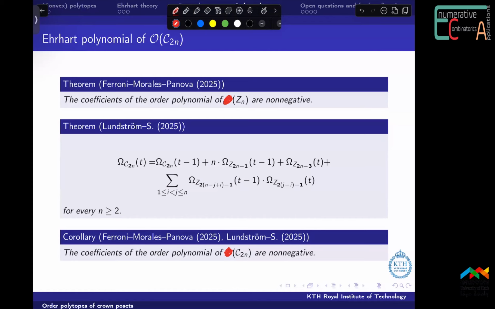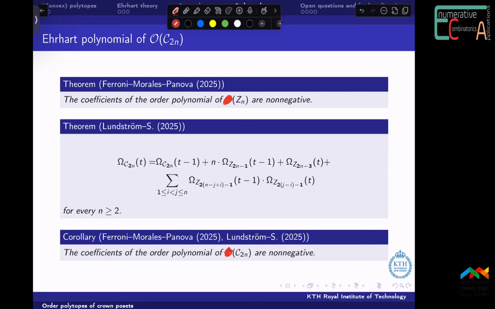The zigzags and the crown posets are a special class of posets that have order polynomials, which is a little bit stronger: they have order polynomials with non-negative coefficients.